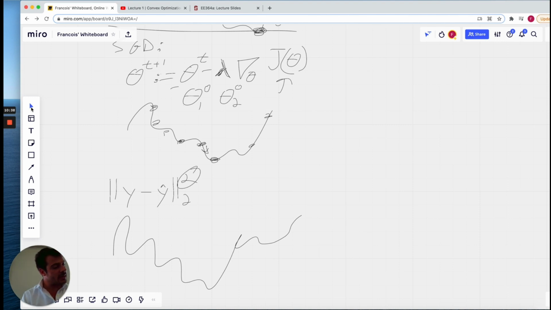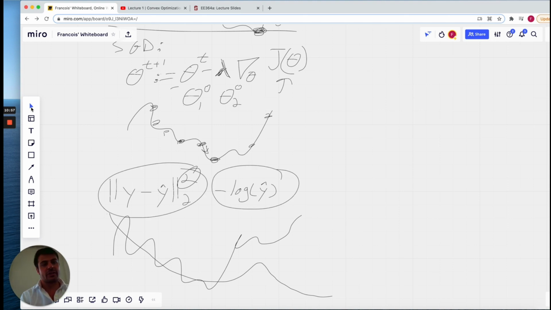It looks like this, versus negative log of y hat, which looks kind of like this. And that's much easier to learn. We'll have fewer local minima. So you want to pick your objective function to increase convexity and make it less non-convex. That makes a problem learnable or not.